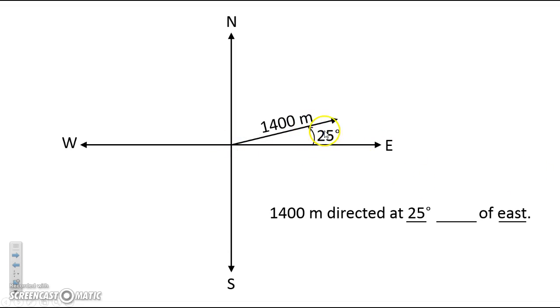We went up, but you can't say up when you look at the direction. You have to say we've gone to the north. So our direction is north in that middle blank. And on the whole, here's what we have: 1,400 meters directed at 25 degrees north of east, or north from east. So we're not going straight to the east, or due east, as they say. We're going north from east.